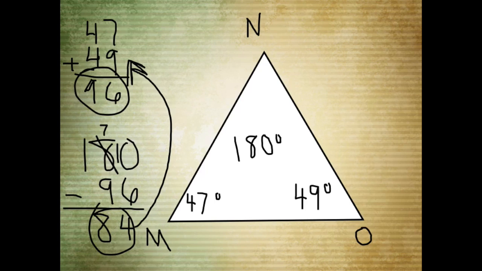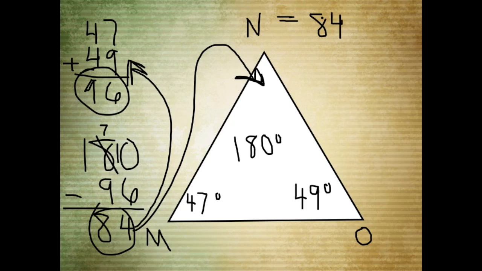Now we know that when we do this, we can figure out what is left. This 84 actually goes up into this answer here. So N equals 84 degrees. That is our missing angle. That's a funny degree mark. Here you go. Bang.